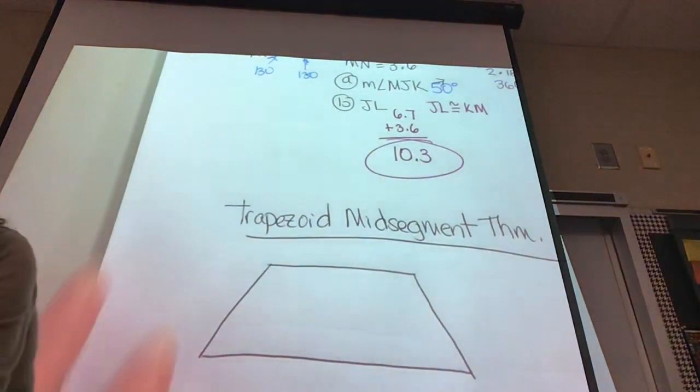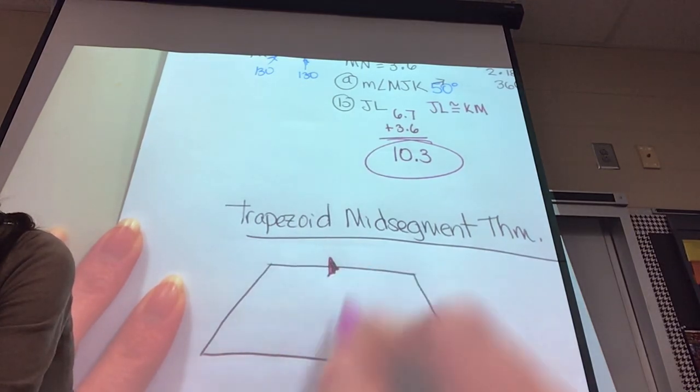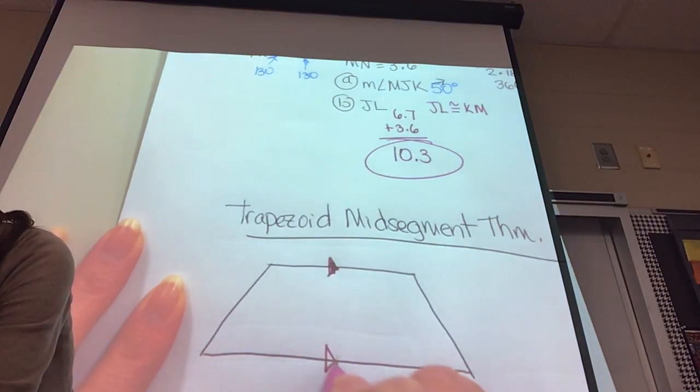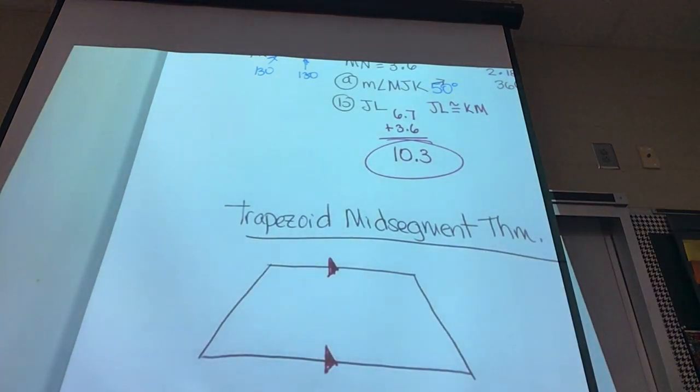So once again, I know that the top one is parallel to the bottom one. Now, what this says is that you have the mid-segment.